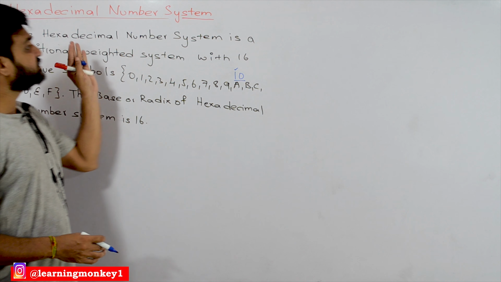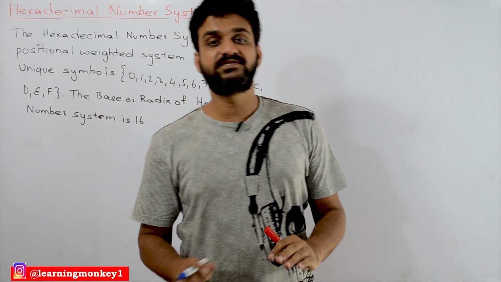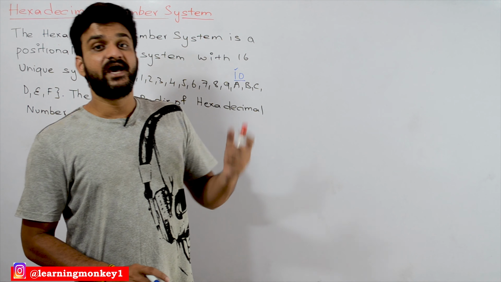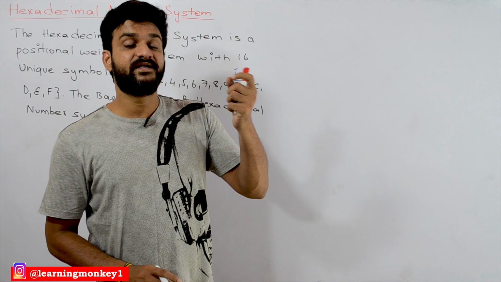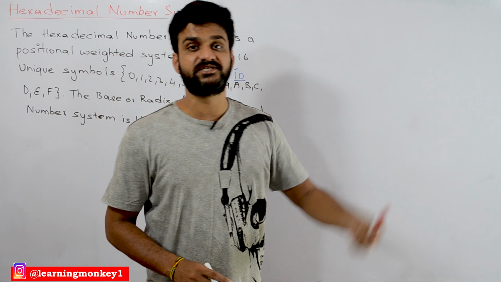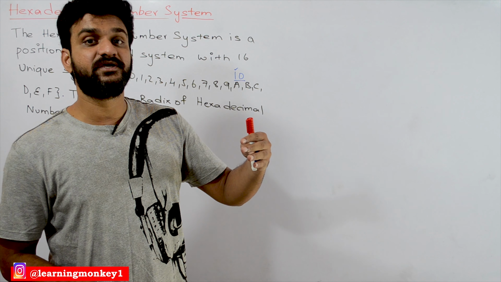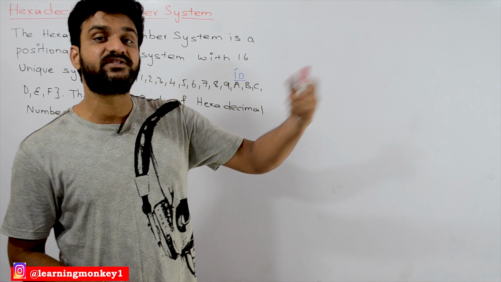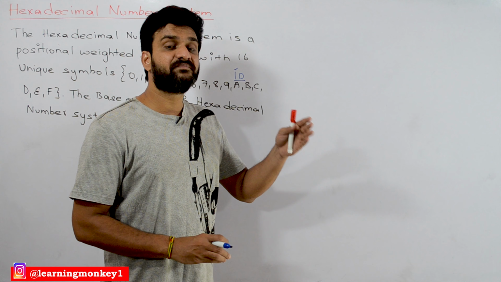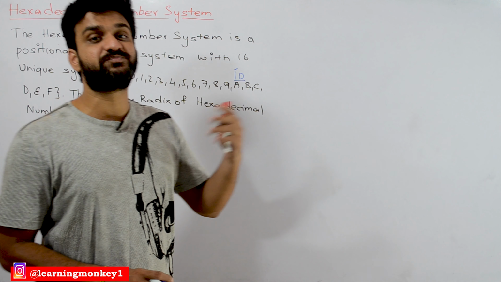The hexadecimal number system is also a positional weighted system. What does a positional weighted system mean? It means that the value of a digit in the hexadecimal number system is going to vary from one number to another, and that variation is based upon its position.